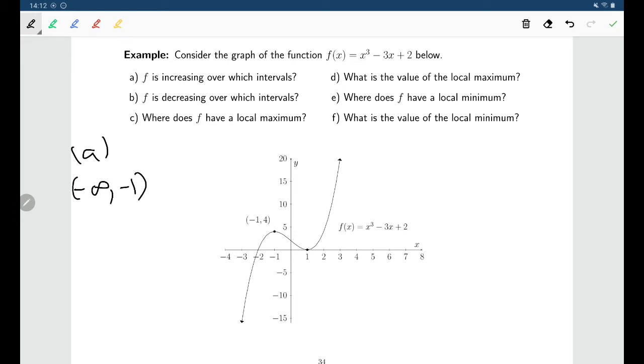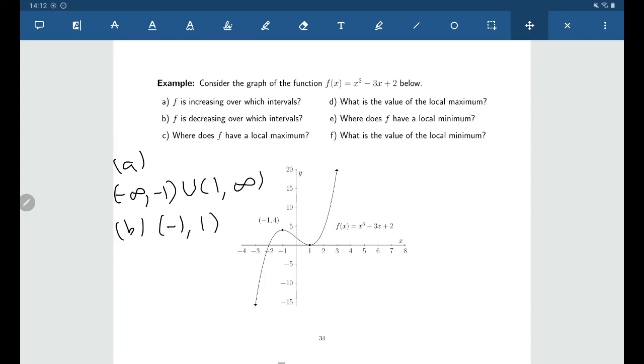Not including the negative 1, because remember, for increasing or decreasing, we're using open intervals. And also it's increasing from 1 and onwards. And similarly, where is it decreasing? It's decreasing just in this little chunk here between -1 and 1. So the interval from -1 to 1.